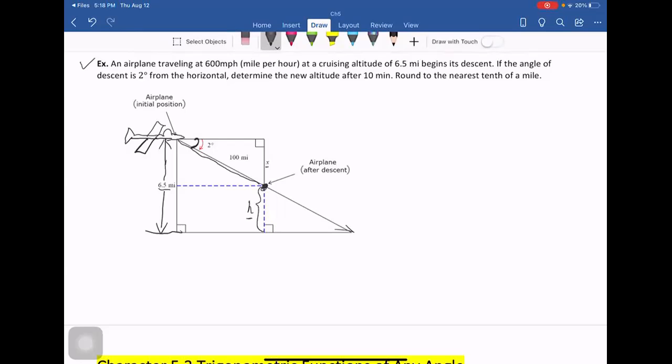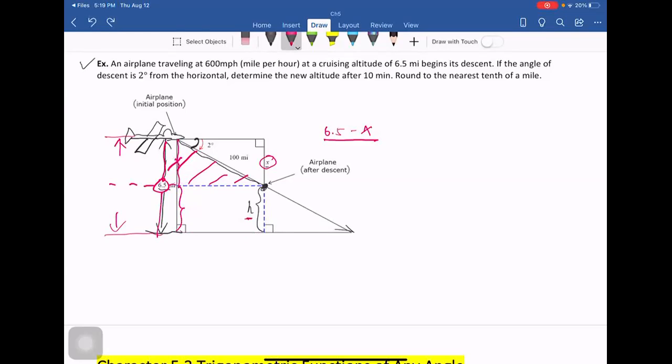First, we know the distance from here to here is 6.5. And in this triangle, we assume this is x. If we use 6.5 and subtract x, we will find h. So h equals 6.5 minus x, because this is a rectangle, so h here and h here are the same.